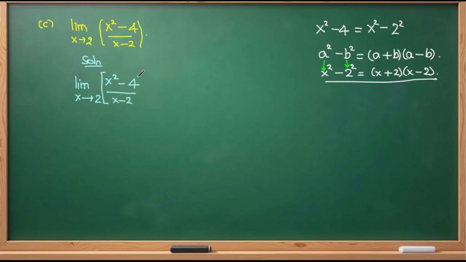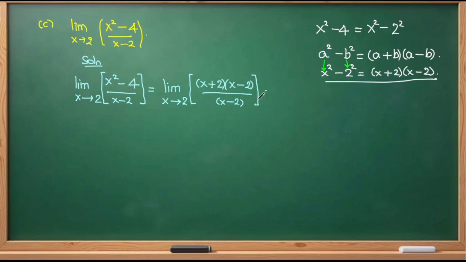This is equal to, replacing the numerator, we still write our limit as x tends to 2 of, in the numerator, x plus 2 times x minus 2, all over the denominator x minus 2.